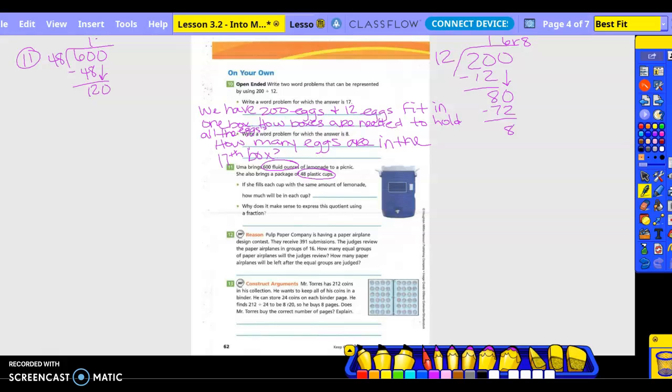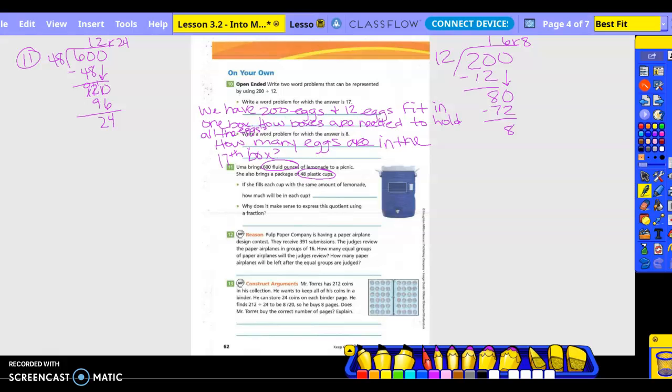2 times. So 2 times 8 is 16. Carry the 1. 2 times 4 is 8 plus 1 is 9, 96, right? Okay. So 12, remainder 24, but we clearly said it needs to be a fraction, right?